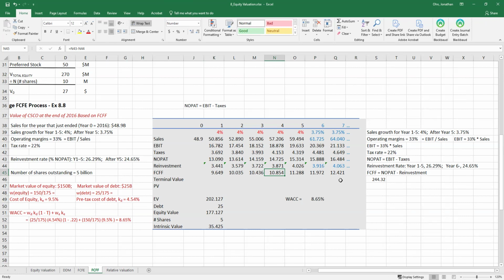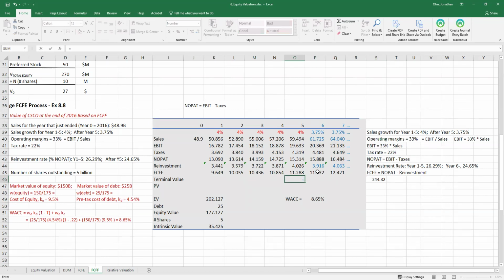Now, as you see, the higher abnormal growth period is included here. This is a two-stage model, so this is the abnormal stage and this is the normal stage. I told you the first step is to take care of the normal stage by calculating terminal value. How do you do that?